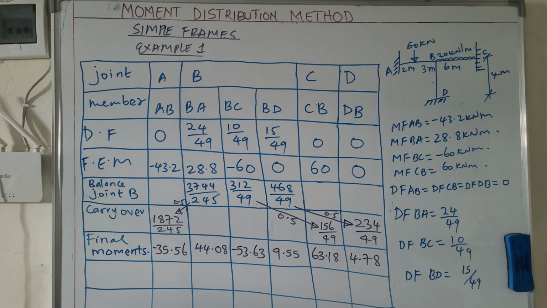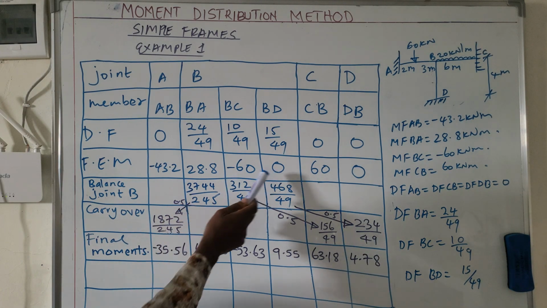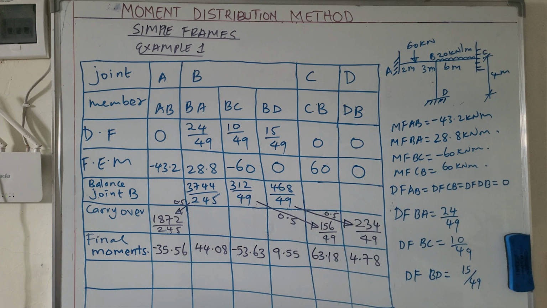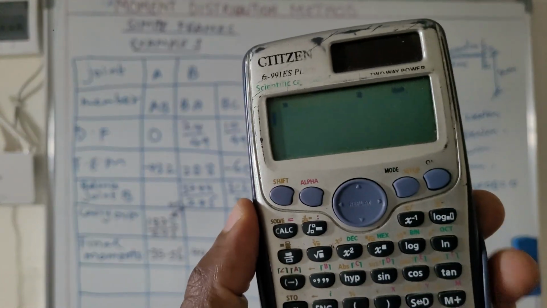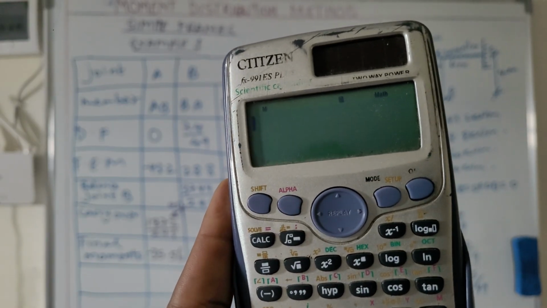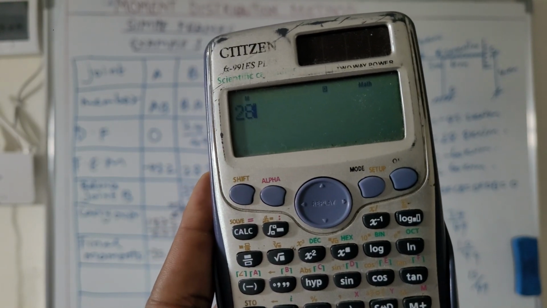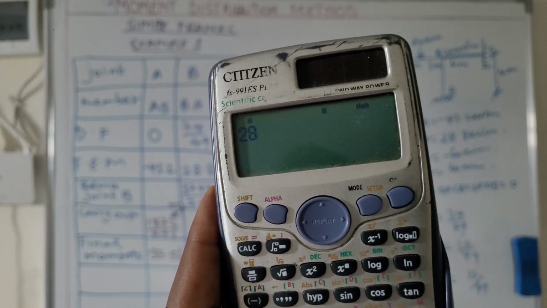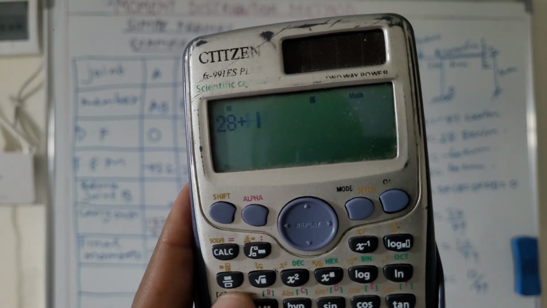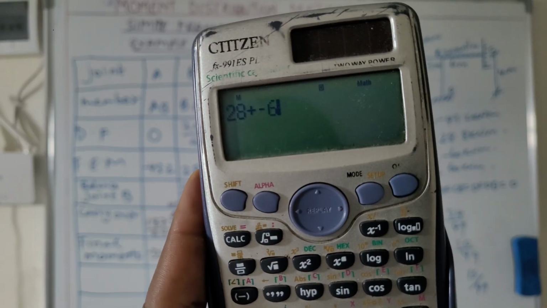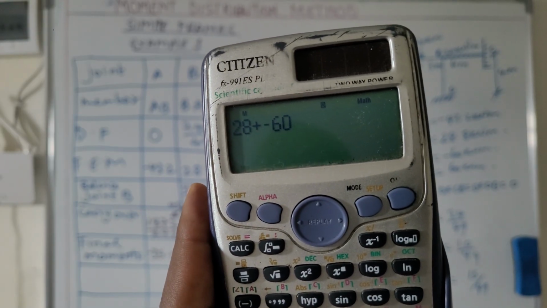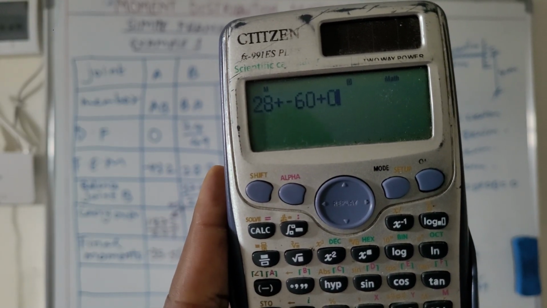To balance joint B, we'll need to add all the fixed end moments corresponding to joint B. Let me show you. Take your calculator. We have 28.8, then plus negative 60, plus 0.